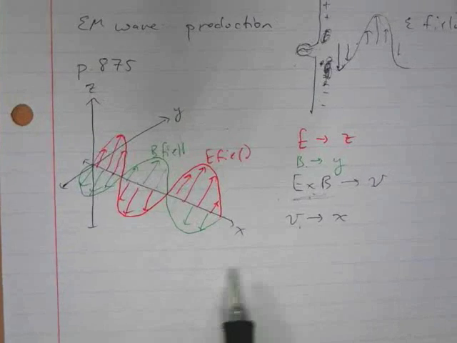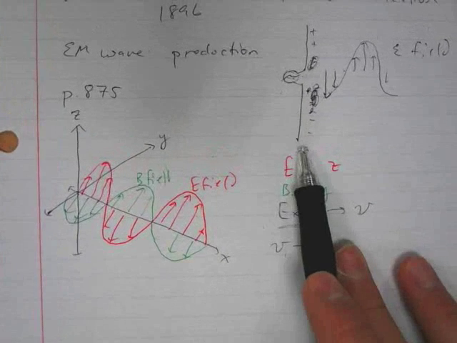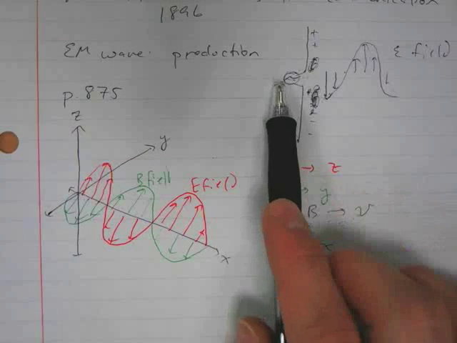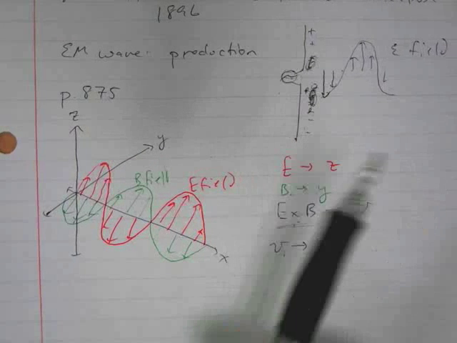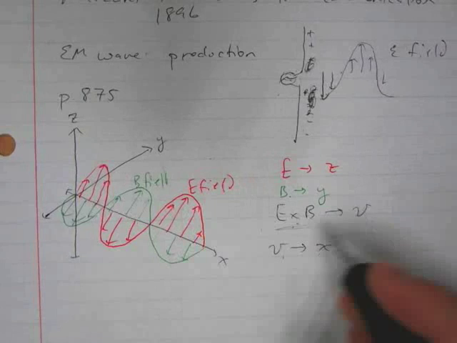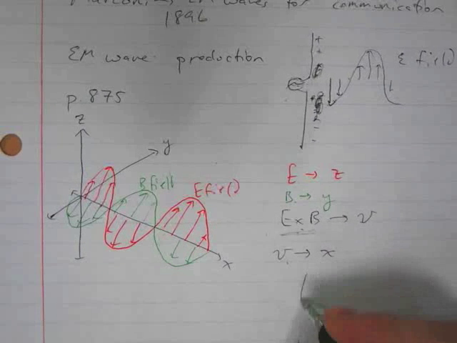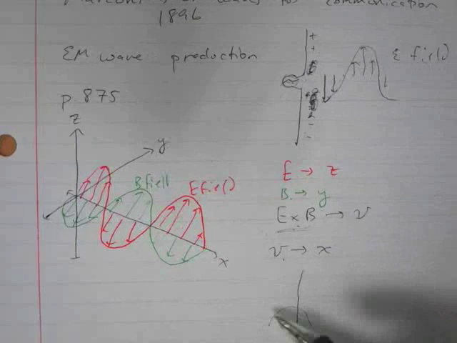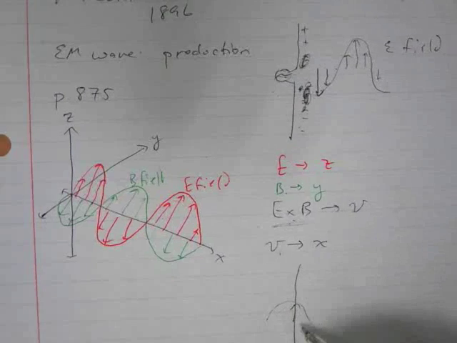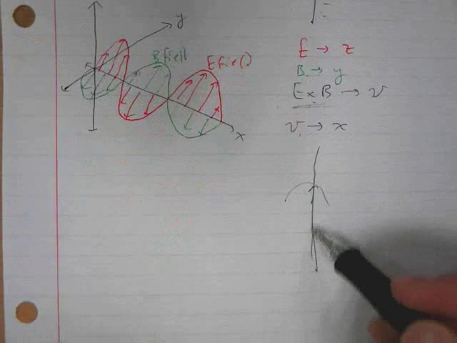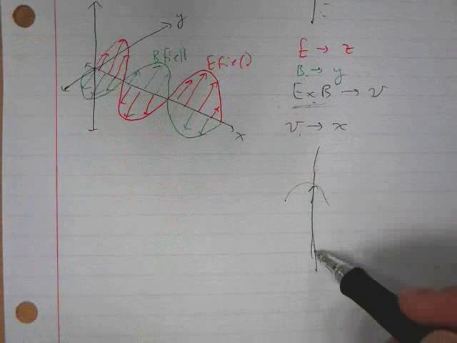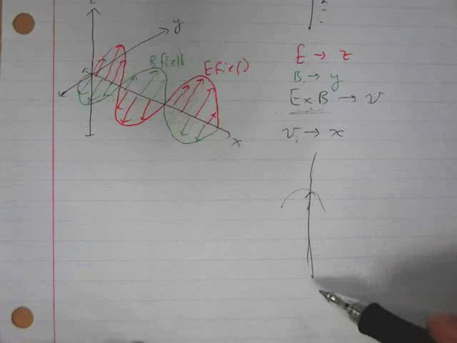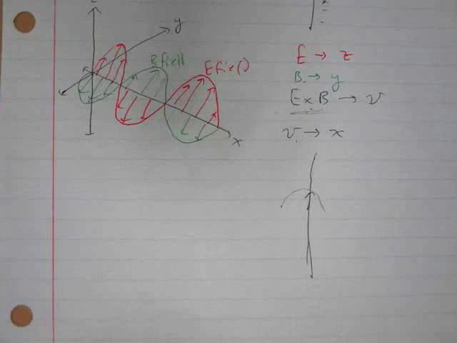Electromagnetic waves can also be detected by antennas. They can be produced by an antenna with an alternating current, and they can also be detected by an antenna, because if you have a long antenna and an electromagnetic wave hits it, then there's an E field acting at the point of that antenna, and so charge can flow up and down the antenna, and the antenna can interpret that flowing charge as whatever it's programmed to interpret it as.